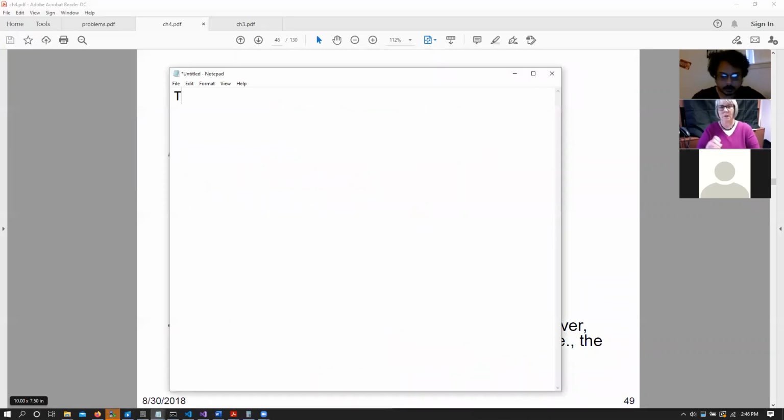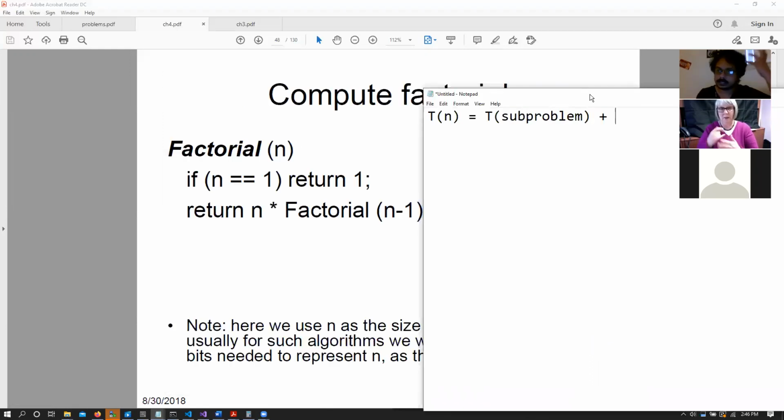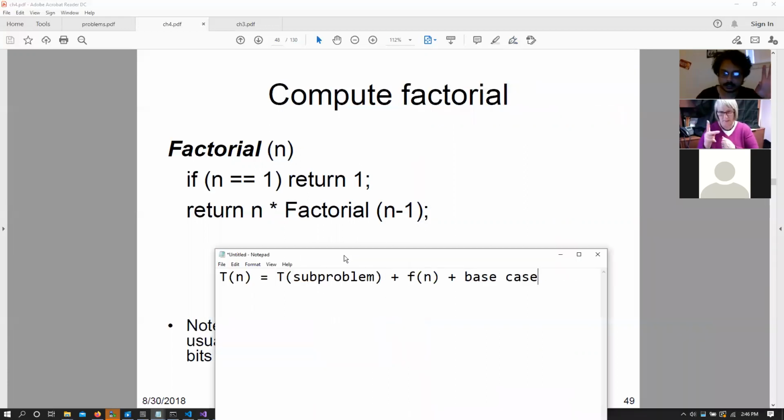Remember one thing, whenever we are trying to find the recurrence relation of a particular thing, it is going to be T(n), then T of whatever the subproblem size is, plus f(n), the basic complexity of doing something without any other subpartitions, that is, the thing that we do when we are trying to combine all of those problems, plus the base case.